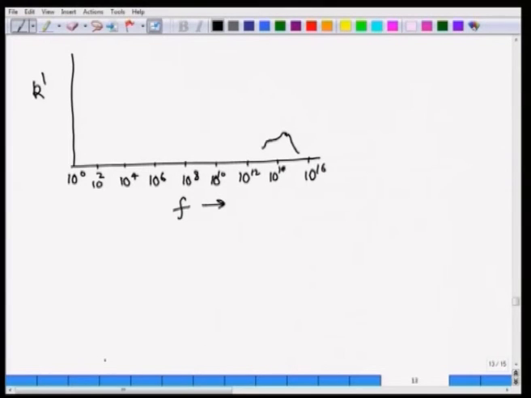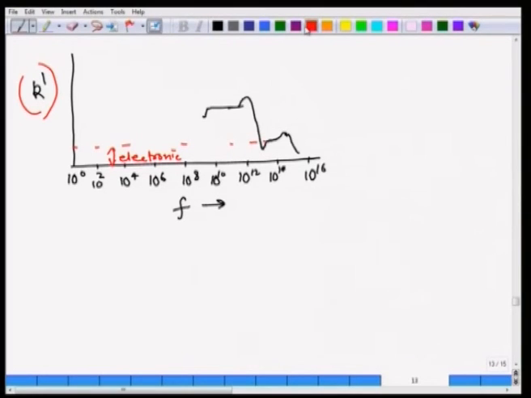Due to electronic reasons we are having this K prime. Then if you go to slightly lower frequencies, up to about 10 to the power 9, I am going to draw something like this and smoothly join it.